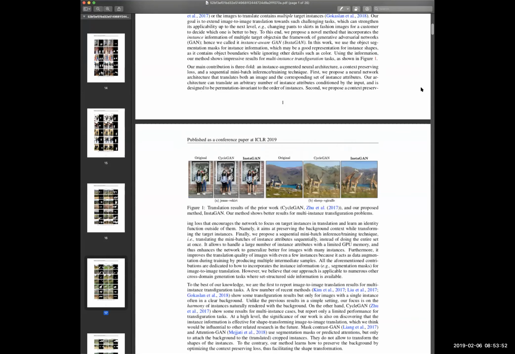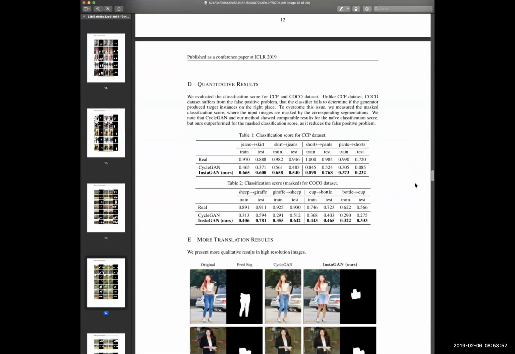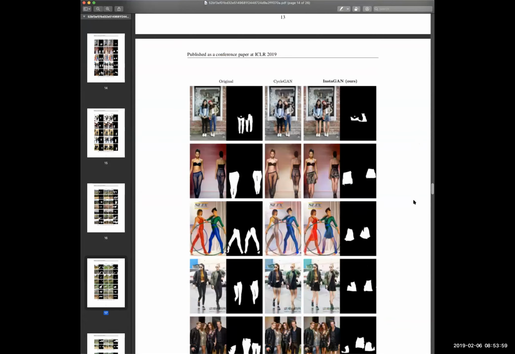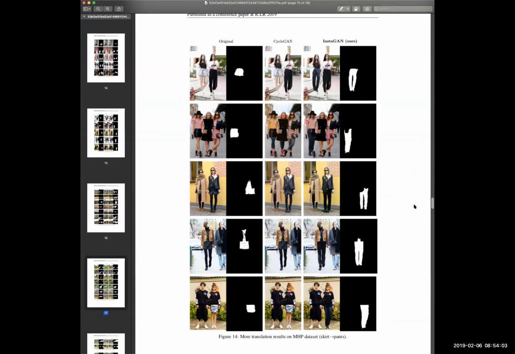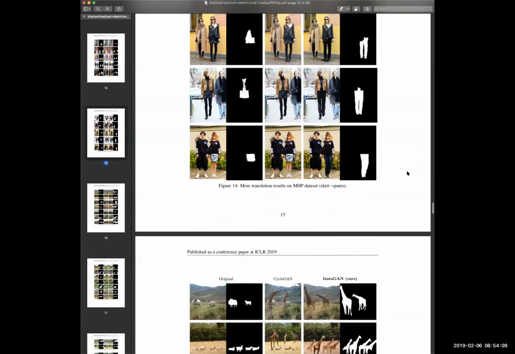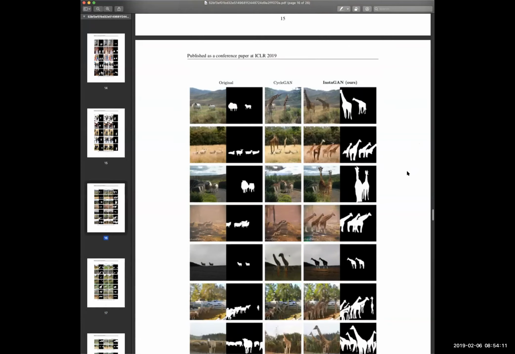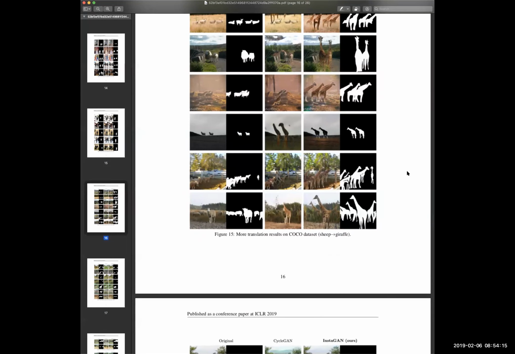The appendix has significantly more examples of images being translated, and some of them are quite challenging, I think, and it seems to do reasonably well.